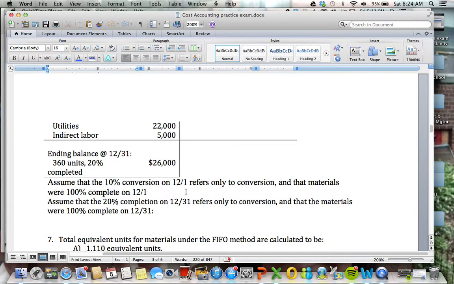And conversion, remember, is labor and overhead, everything but materials. And materials were 100% complete. Same thing at the very end of the year, we have 20% for conversion, and 100% completion for materials.